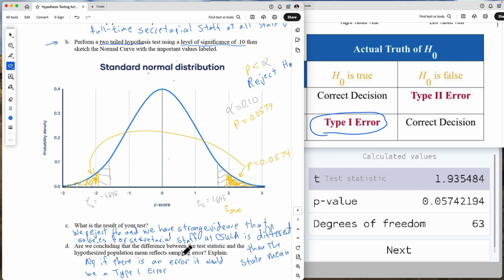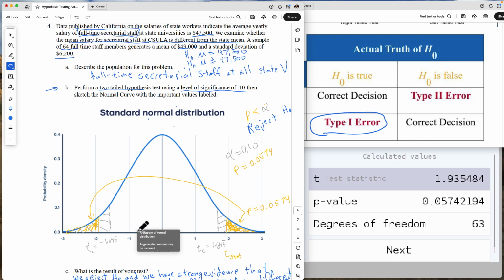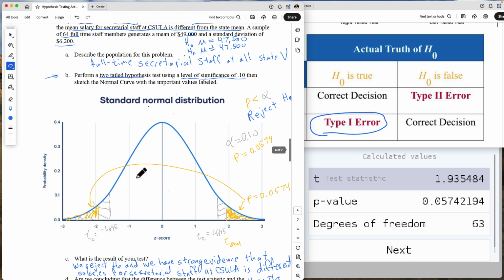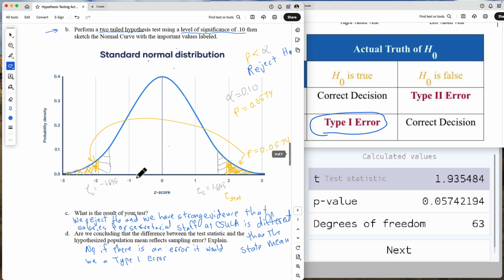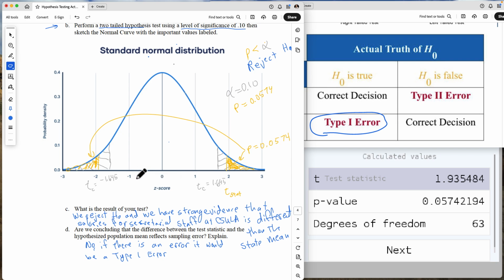The thing is, sampling could be involved. It might not have been really random, but we don't know. They didn't give us all that information, did they? A sample of 64 full-time members. They don't say it's random, so we still could have sampling error, but because of our decision, if we're going to have an error, it will be a type 1 error.